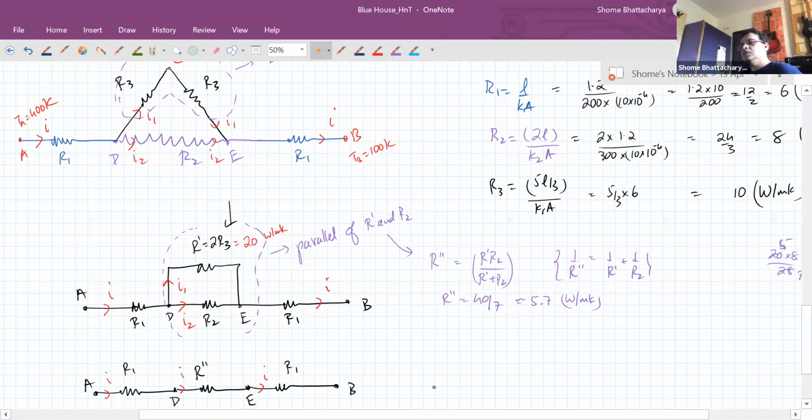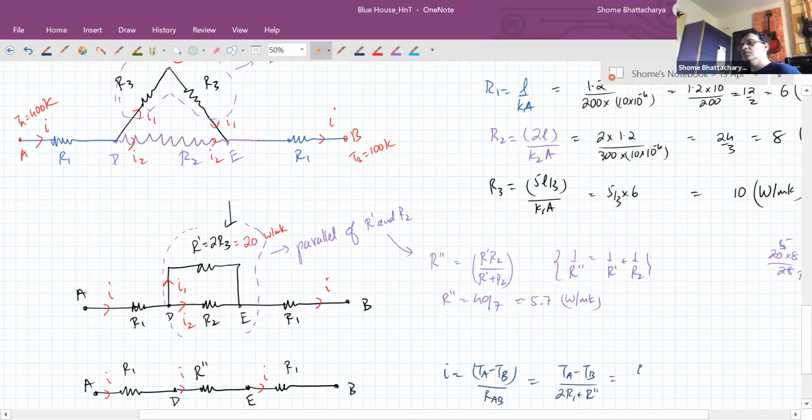So first of all, we will see that I is equal to TA minus TB divided by the whole resistance across EB. So that will become TA minus TB divided by 2R1 plus R double prime.